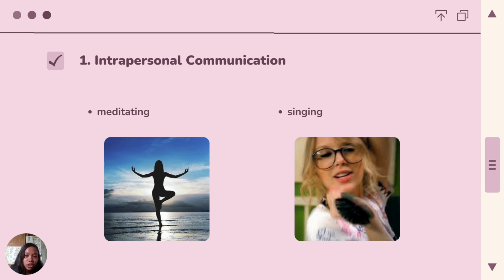And then last picture, you are singing. Have you ever done this when you heard a lyric of a song and then you got hope and then you repeat the lyrics and you sing it inside your head? That's intrapersonal. You are memorizing the lyrics.